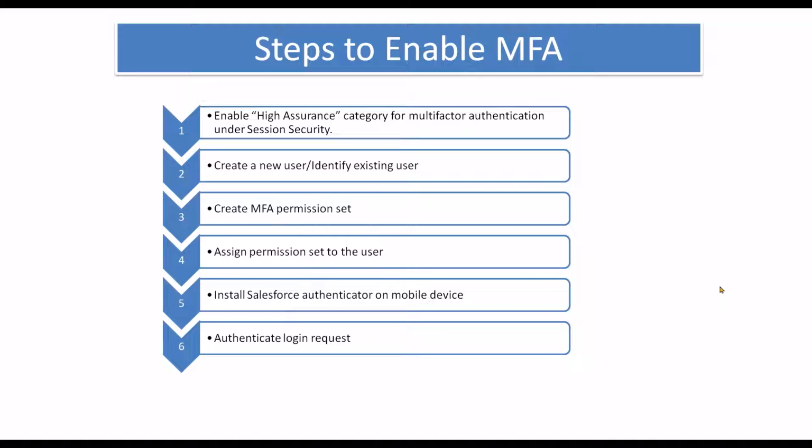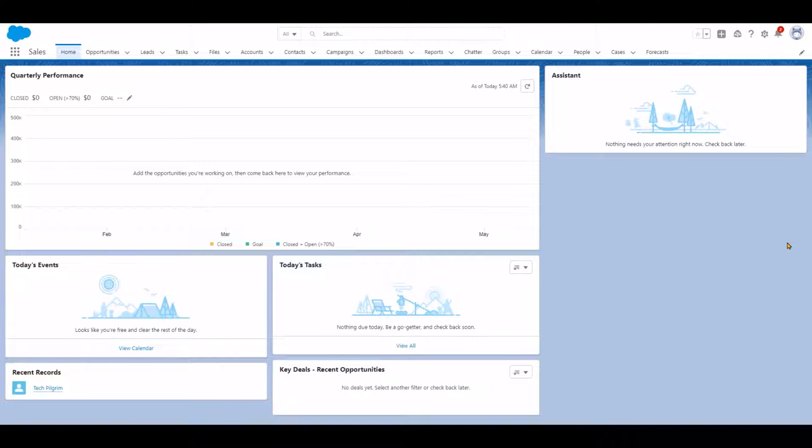Then we assign that permission set to the user that we created above. Next, we install the Salesforce Authenticator app on our mobile device, which we are going to use for authentication. Lastly, we will authenticate the login request using the Salesforce Authenticator app. Let's find out how we can enable MFA for our users.